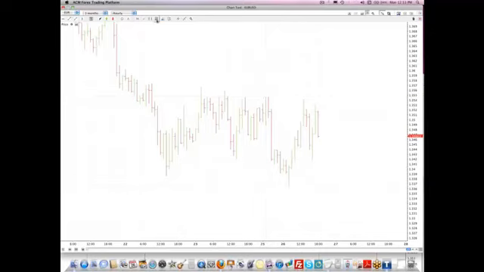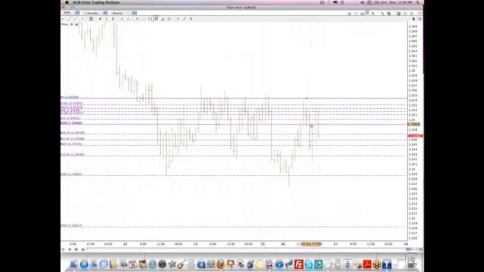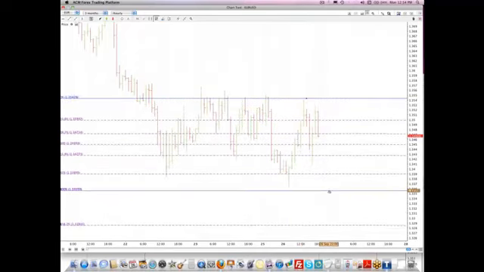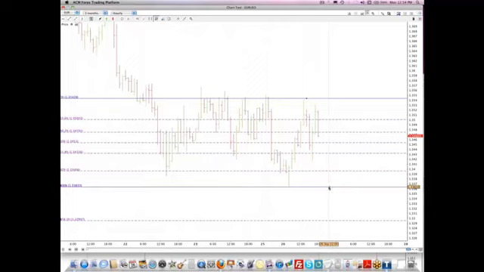If you want to do it by hand, you would take the difference between this high, which is 135.43, and this low, which is 133.63. So it's a little bit more than 100 pips. You would just take that difference and multiply by the fib levels. But we have our trusty tool, so we can just pull this down, and it does all the math for us. We don't have to worry about it. So here we are.